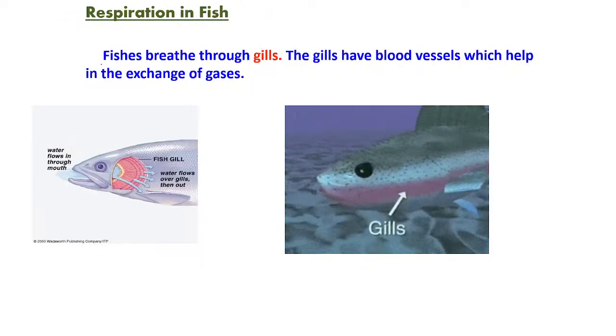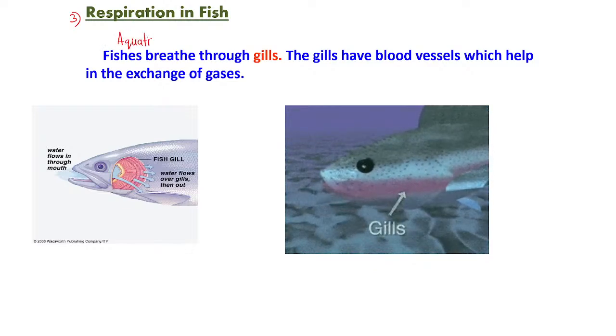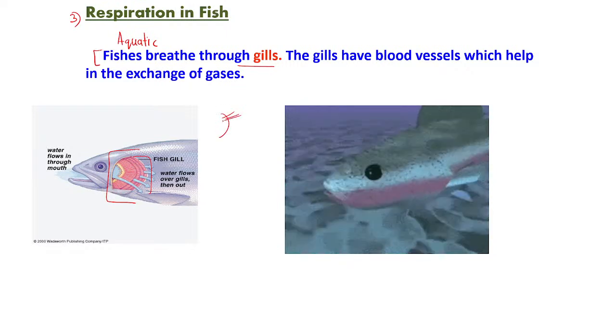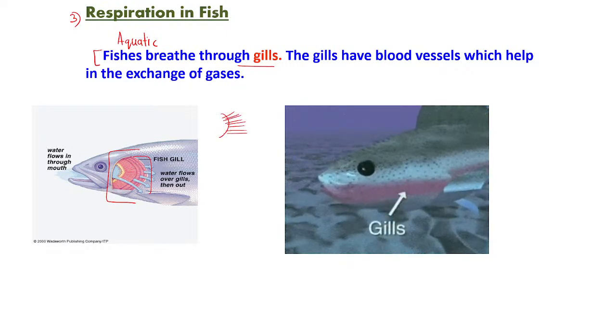Now let's see how fish or other aquatic organisms breathe. Fish, as we know, is an aquatic organism. What is the meaning of aquatic organism? Aquatic means those organisms living in water. So fish breathe with the help of a specialized organ called gills. These gills, as you can see in this picture, are lined with blood vessels.